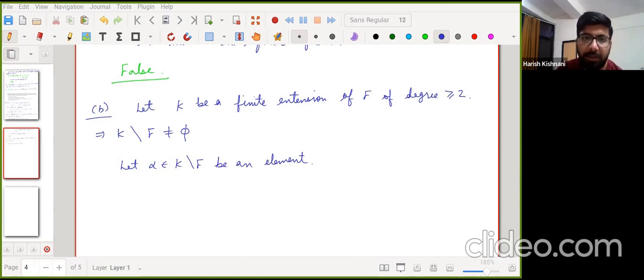Now you can think of an irreducible polynomial of alpha, since alpha is outside f. So the irreducible polynomial of alpha must be of degree greater than 2.